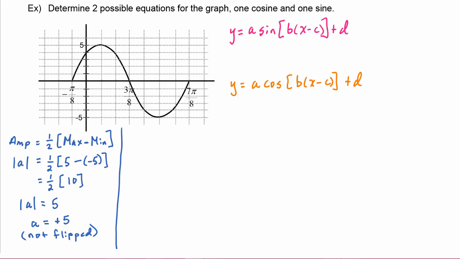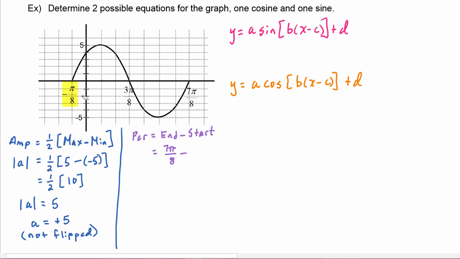We know that b comes from the period, and when we're looking at a graph, we can find the period by subtracting the end point minus the start point. So we know the end point of one cycle is here at 7 pi over 8.